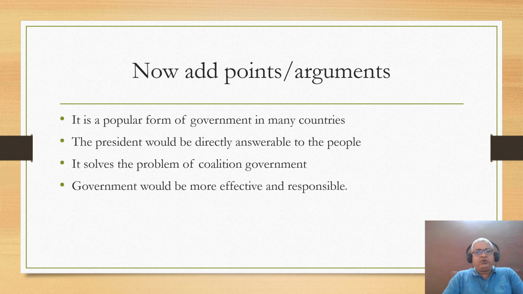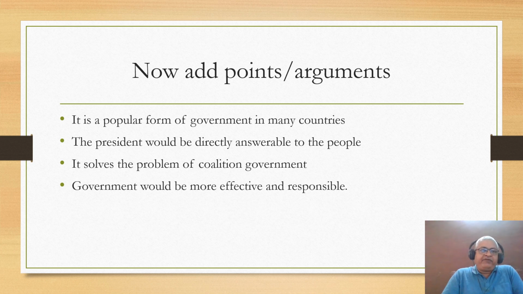And now you can go ahead and write. Okay. So the points are: it is a popular form of government in many countries, and the president would be directly answerable to the people. It solves the problem of coalition government. Government would be more effective and responsible. Right.